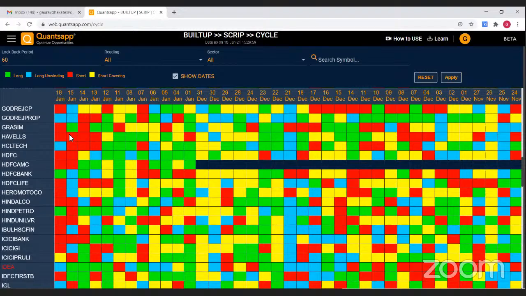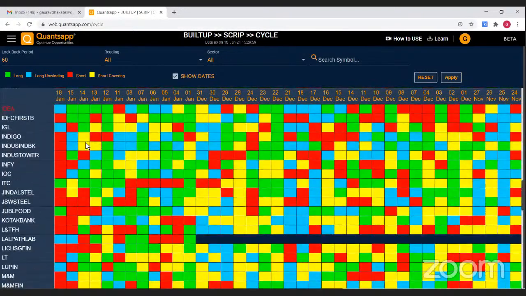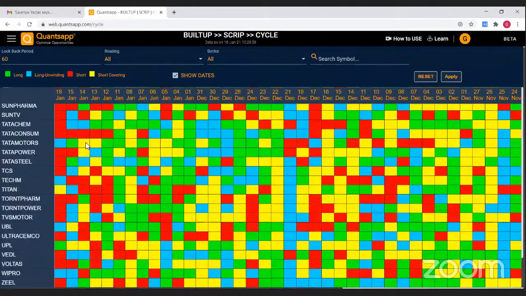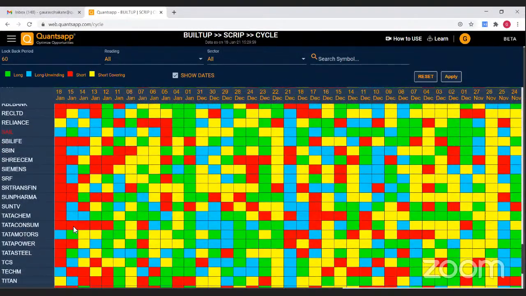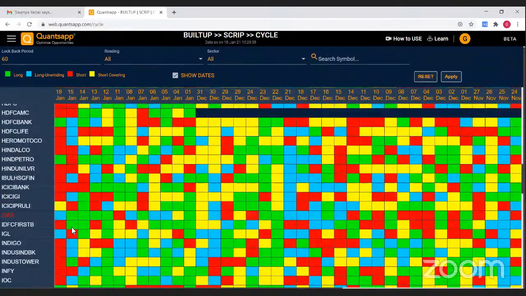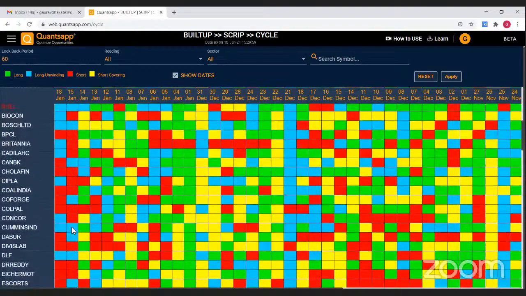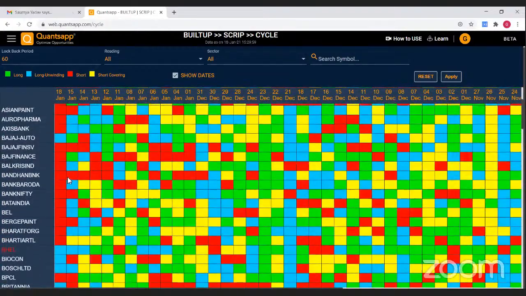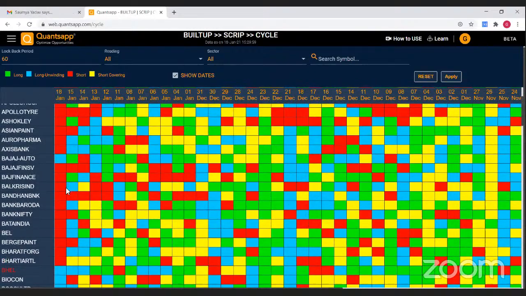Then Havells, SCL Tech, then Tata Consumer, with short build-up for the last 5 days. So participants are more confident about the price decline here. Bandhan Bank is the same as Tata Consumer: the short build-up is happening in Bandhan Bank for the last 5 days.